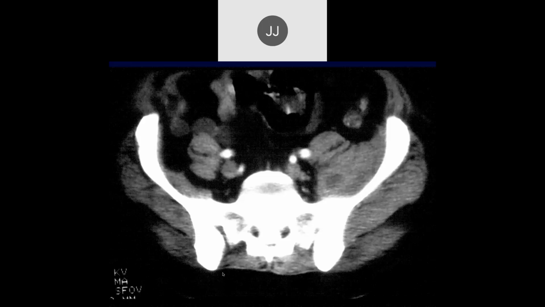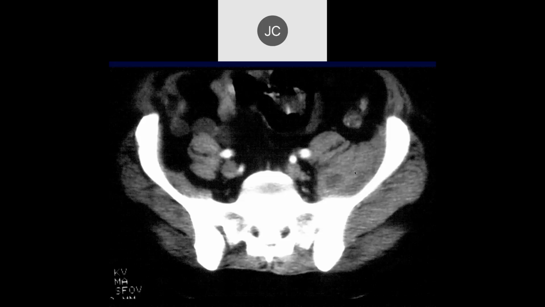Okay. So looking at an axial CT at the level of the pelvis, peripherally, I don't know if it's enhancing, but hypoattenuating enlargement of this left psoas muscle with a hypoattenuating area. Concerning also there.